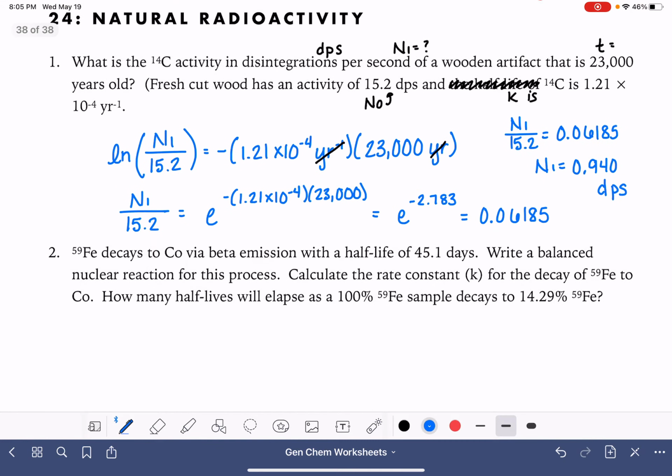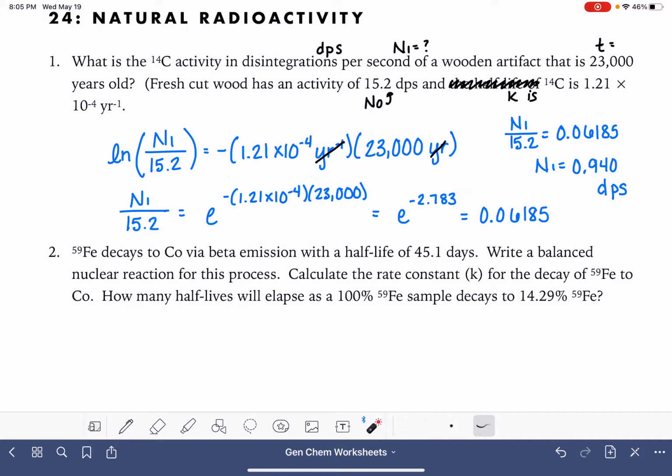Okay, so for our next question, this is telling us that we have iron 59 and it is decaying to cobalt via a beta emission process. It has a half-life of 45.1 days. So let's make a note of that: the half-life is 45.1, and the unit is days. Write a balanced nuclear reaction for this process.